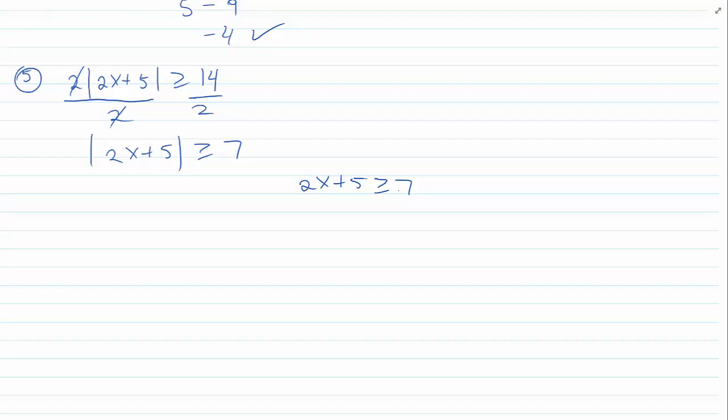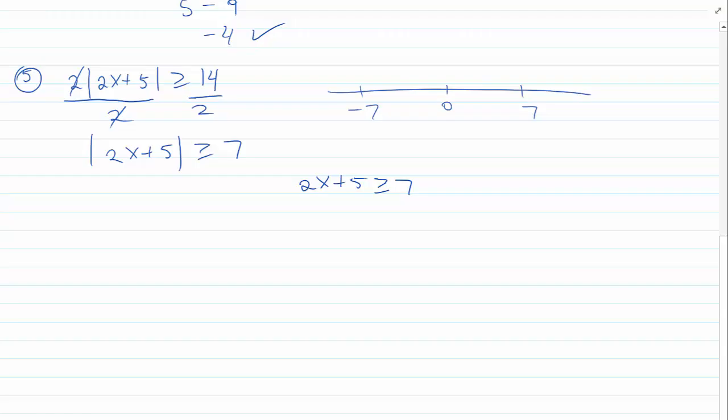If you go 7 steps away and more, for example negative 8, negative 9, negative 10, the absolute value is still going to be bigger than 7. Visually, here's the 0, here's the 7, and here's the negative 7. It's like a radius, 7 to the right, 7 to the left.